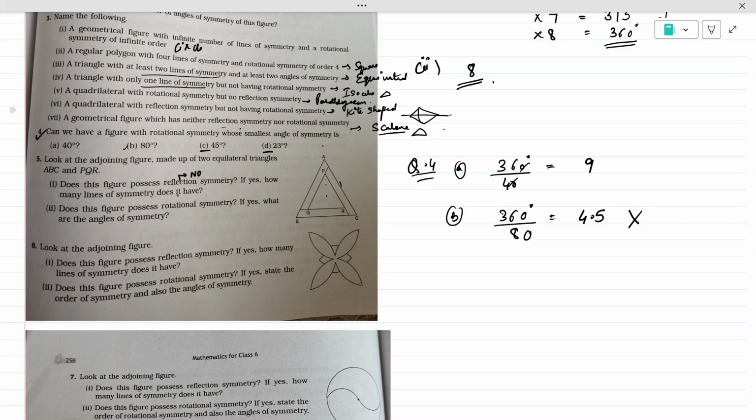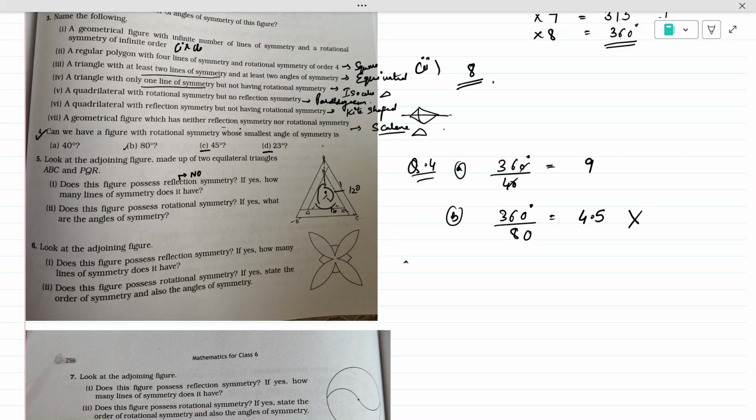If yes, how many lines? No, it doesn't have. Second part: does this figure possess rotation symmetry? If yes, then what are the angles? So now you see here, if I take this as the center and rotate it along these three parts, every part will repeat itself after 120 degrees first, then 120 into 2, that is 240, and each angle will be of 120 degrees, this we know.